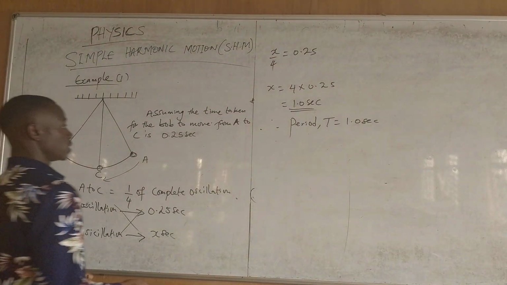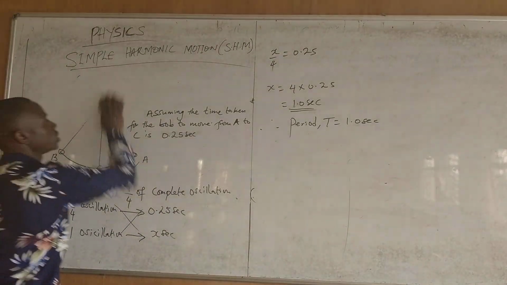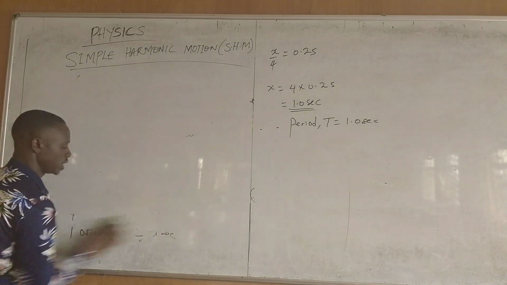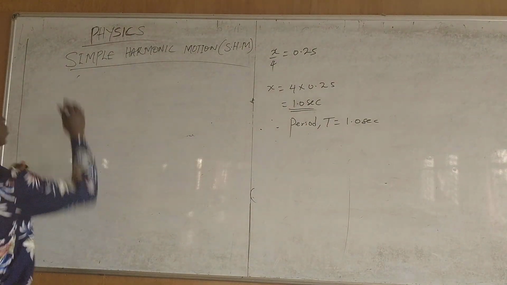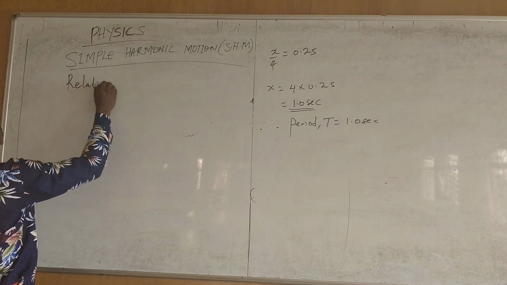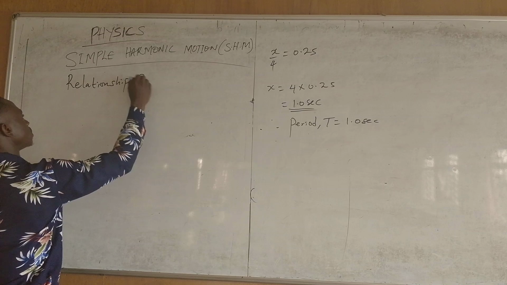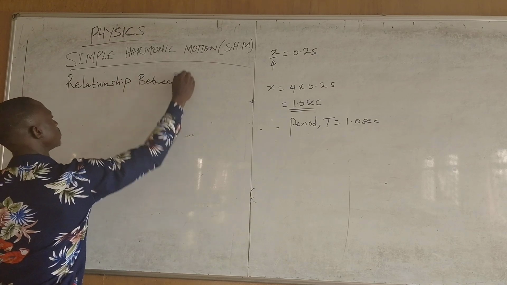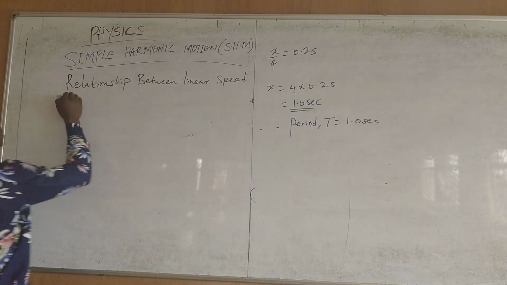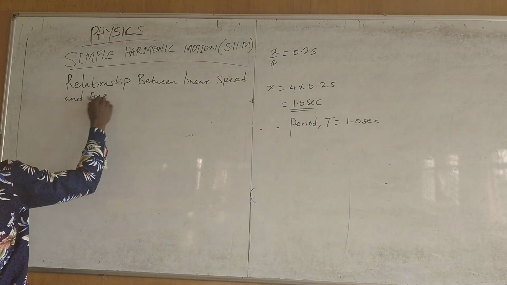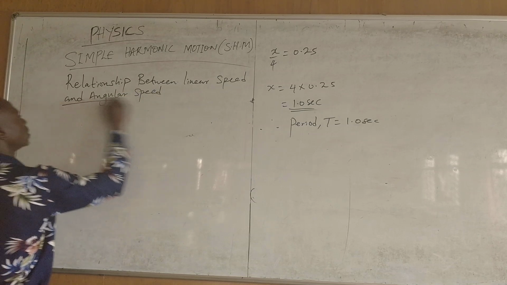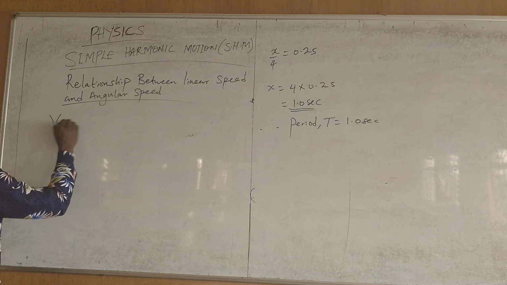So from there I think we can move on. We go to the relationship between linear speed and angular speed. That's v = ωr.